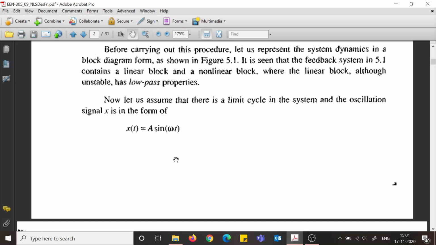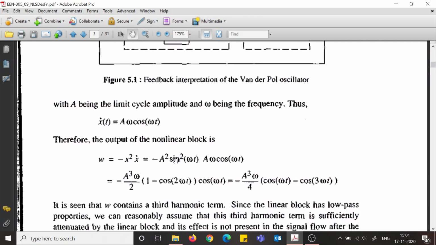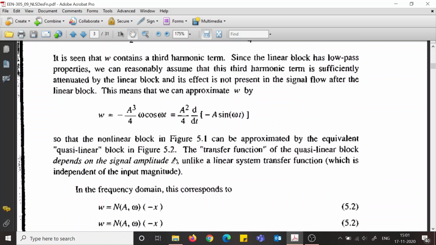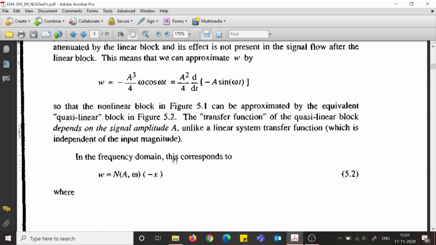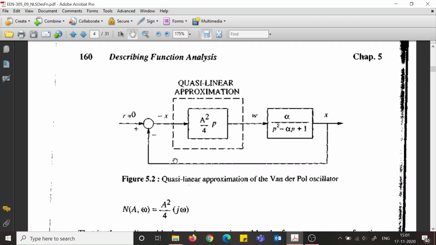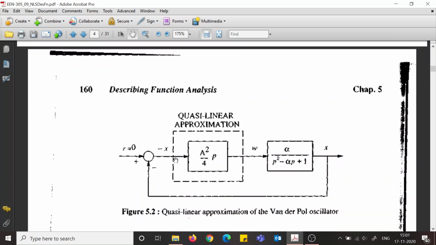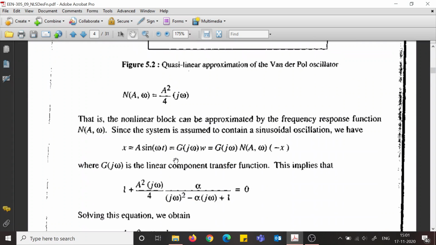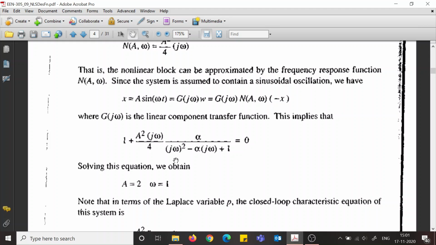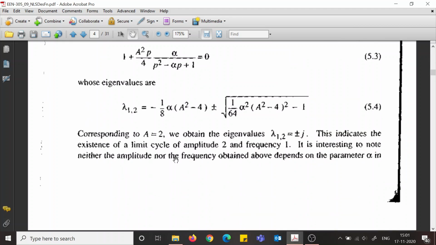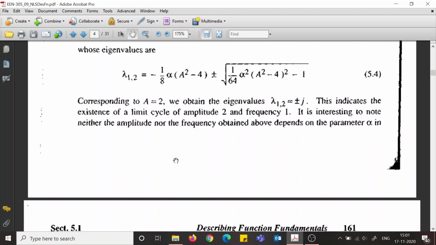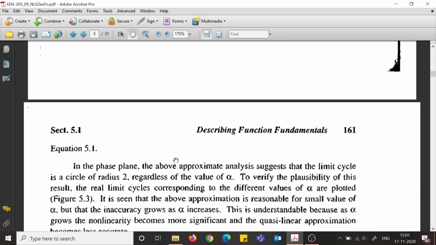So if it is not a pure sinusoid, then what is it? We know from our Fourier series knowledge that any periodic signal is basically a composition of sinusoidal signals of different frequencies. So all these harmonics become present in that signal.